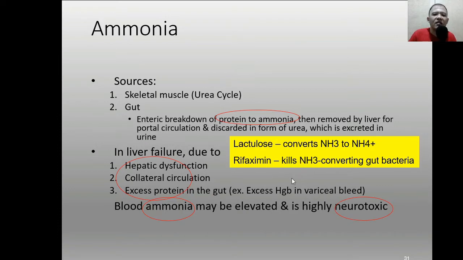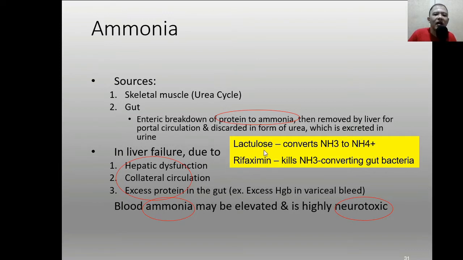So you have lactulose as a treatment for ammonia encephalopathy, or even as early as cirrhosis. It converts ammonia to ammonium, which is a non-toxic form.